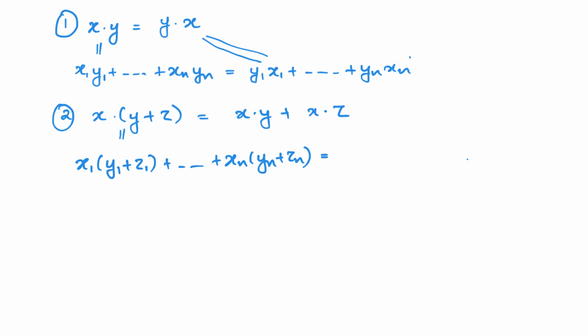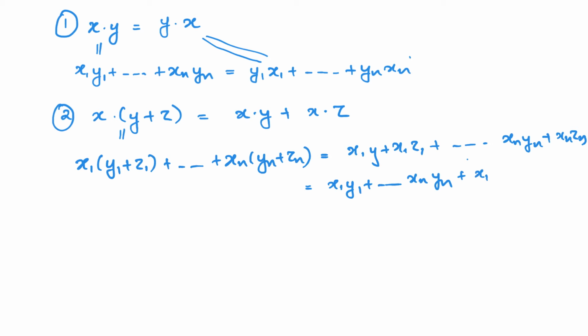But that is equal to x1 y1 plus x1 z1 plus etc. up to xn yn plus xn zn, which we can again rewrite as x1 y1 plus etc. up to xn yn plus x1 z1 plus etc. up to xn zn, which is equal to x dot y plus x dot z.